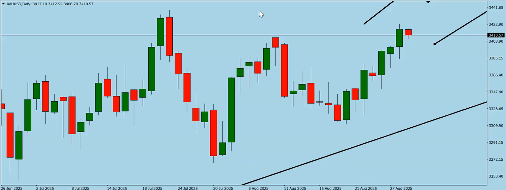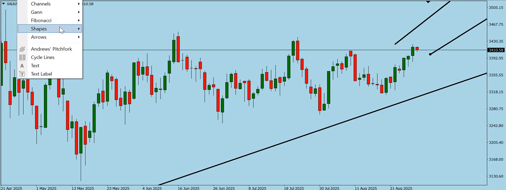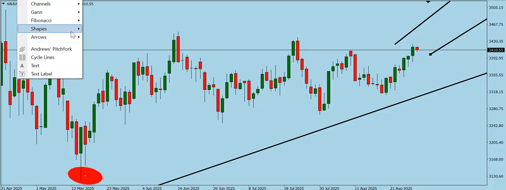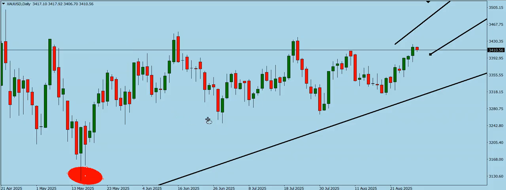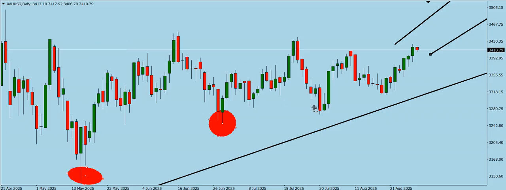On the daily time frame, we've analyzed it, and we can see that price continues to give us more higher lows. This is a low, this is a higher low, this is a higher low, this is another higher low.